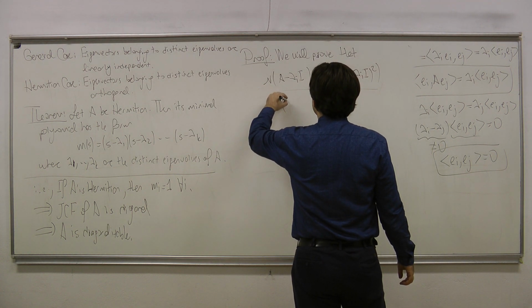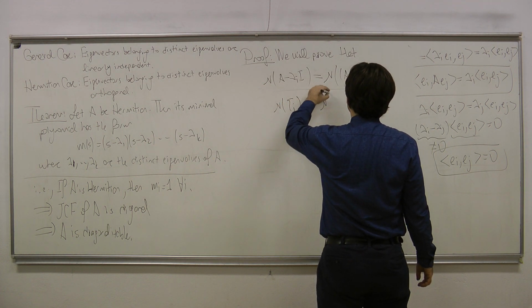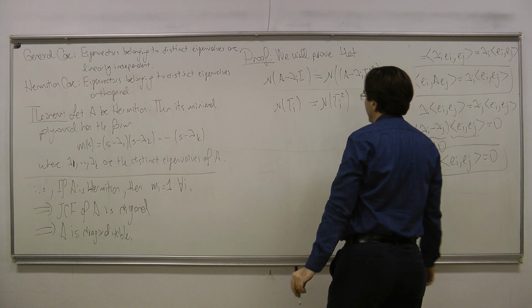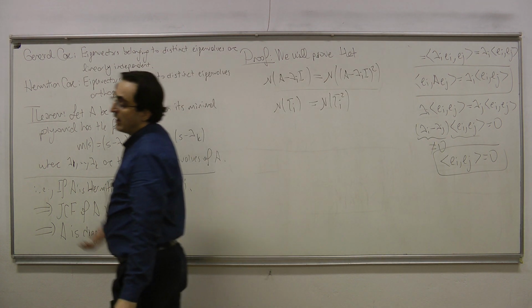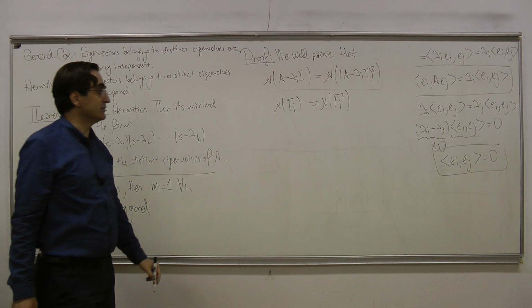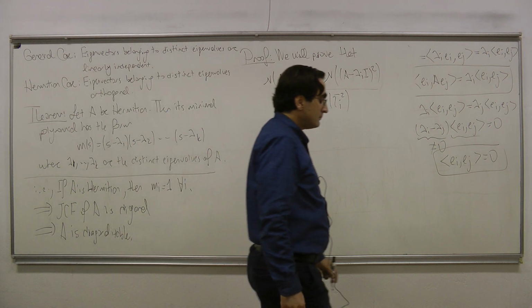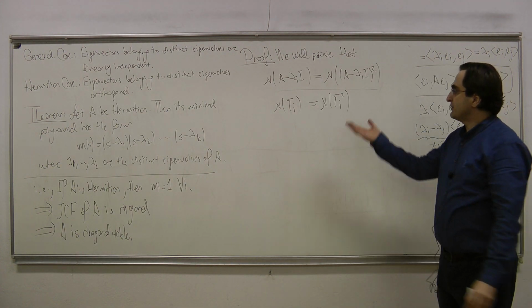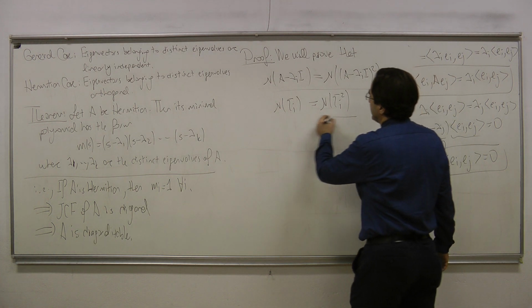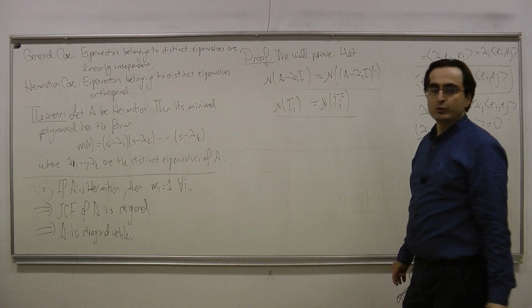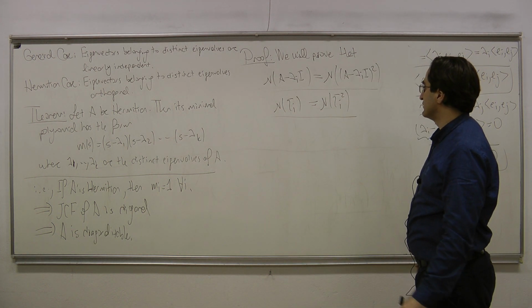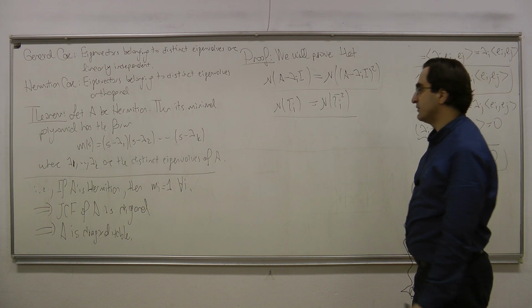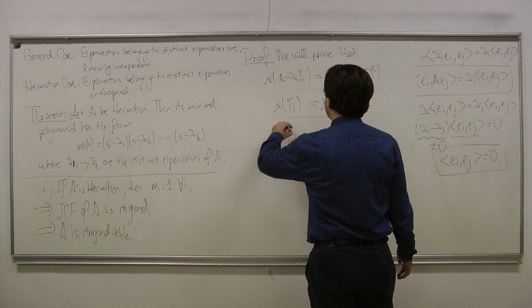But what is this? This is the null space of sigma i is equal to the null space of sigma i squared. Sigma i is A minus lambda I identity. So now here, this is a set equality, and I need to prove this set equality. Proving set equalities is always done in the same manner.